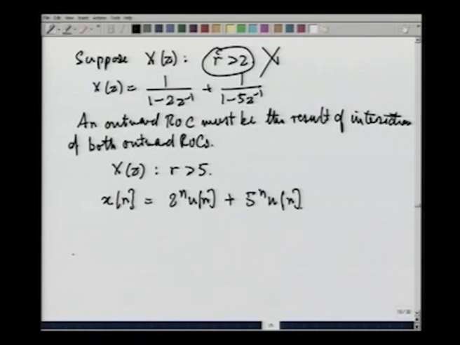Now, suppose we had both inward ROCs, that is the next possibility. So, we will call this possibility A and we will look at possibility B. Suppose we had been told inward ROC starting from 5.